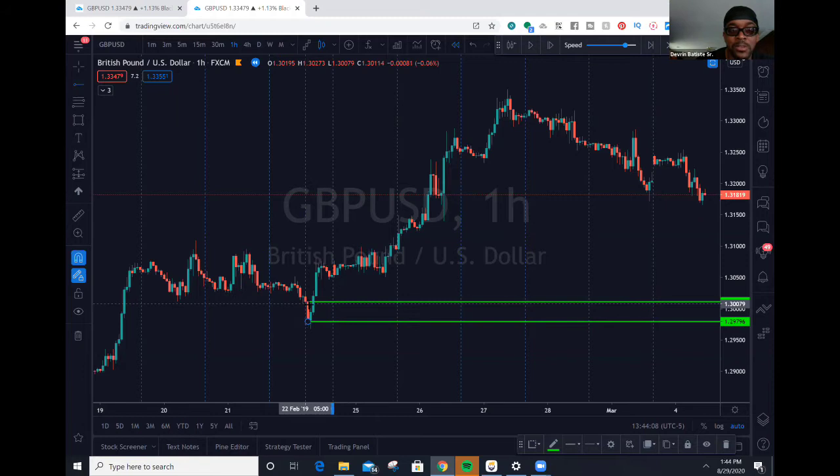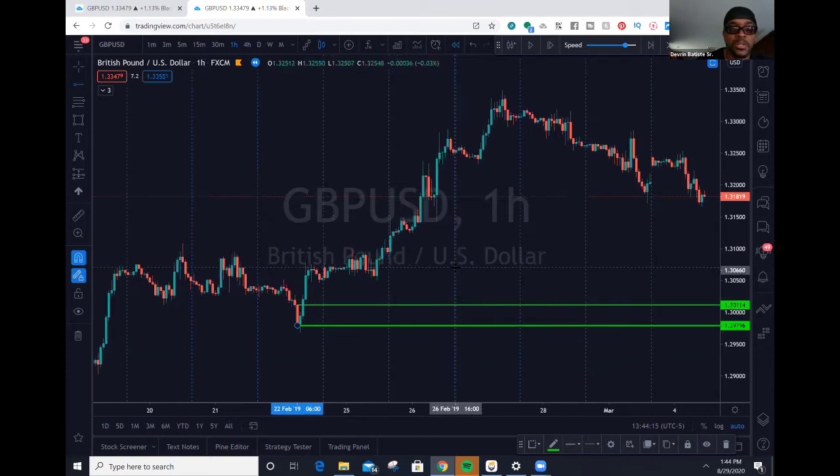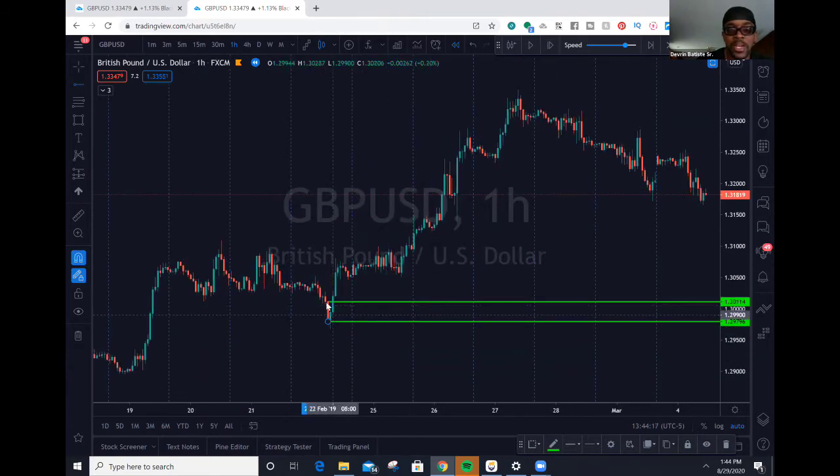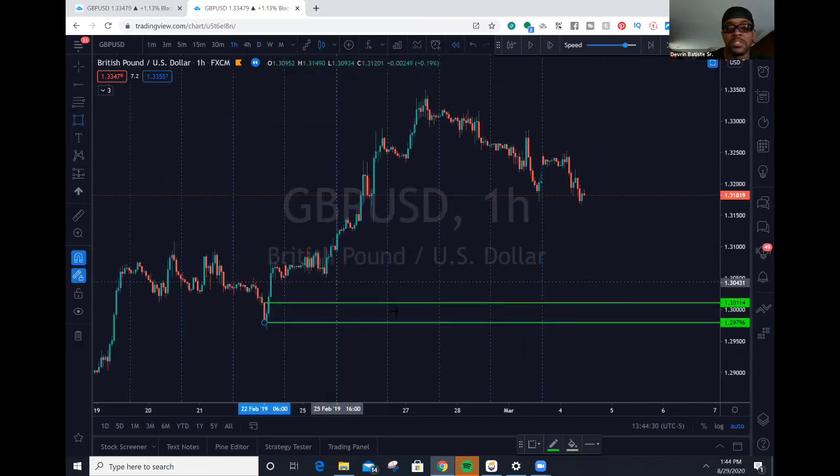On a red candle, you mark the open. And when you're doing your supply and demand zones, always remember you want to mark the last bear candle before your bullish move started. And that's my demand zone right here. I'm gonna just leave it green because you buy from demand.